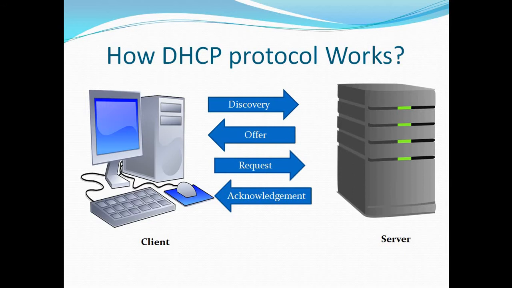On getting the DHCP request, the server acknowledges the client and finally allocates the desired IP address by sending a DHCP acknowledgement back. And thus the provided IP address is allocated to the client for a particular time lease, which is mentioned in the DHCP acknowledgement.